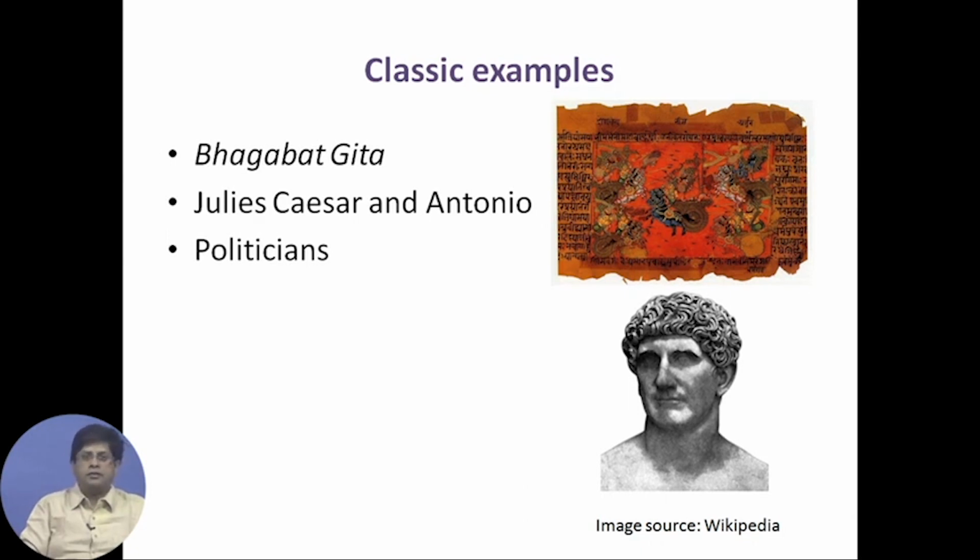Let us say that a person stands in front of his enemies, who also happen to be his brothers, his cousins, his nephews, his grandparents, grandfather, and so on and so forth. And he, that is Arjuna, is trying to tell Lord Krishna, why should I kill these people? What will I gain? Even if I gain materially, is it of any use? Because after all I am killing my near and dear ones.